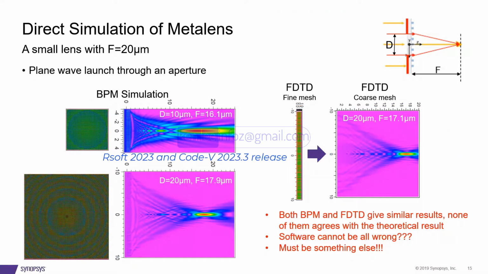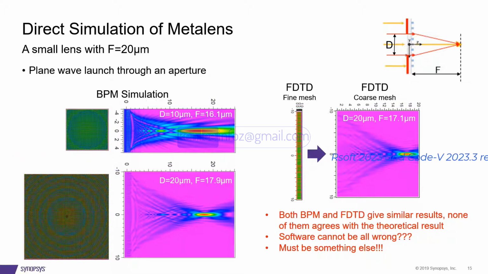Now it is time to move on to the simulation of the whole Metalens. But let's first talk about the direct simulation, which means using PPM to propagate the light through the nanoarrays. On this first example, we test a small lens with an f equal to 20 microns.